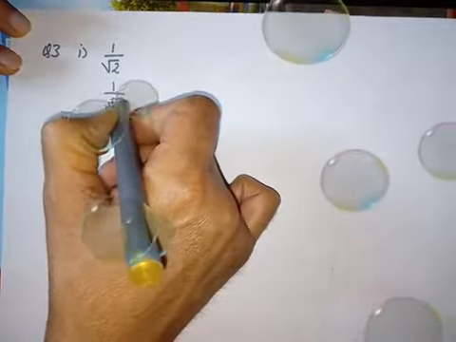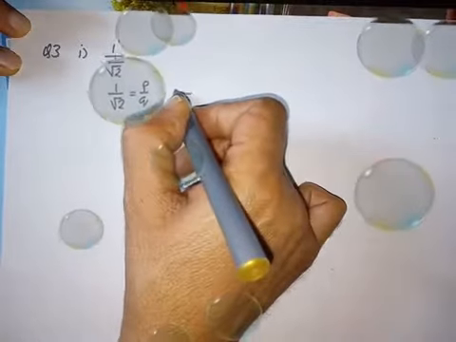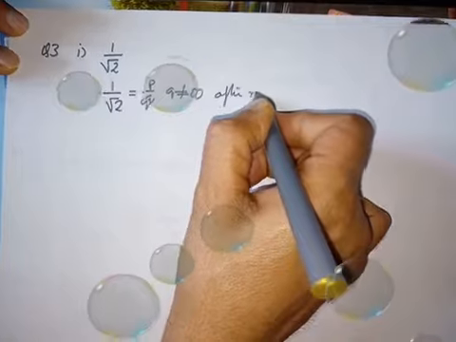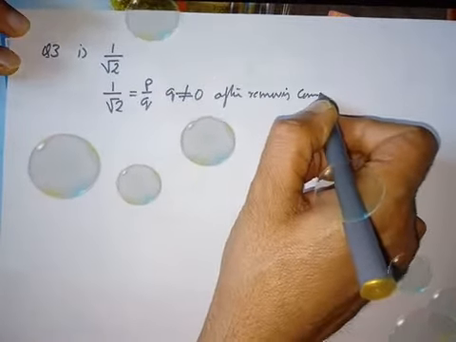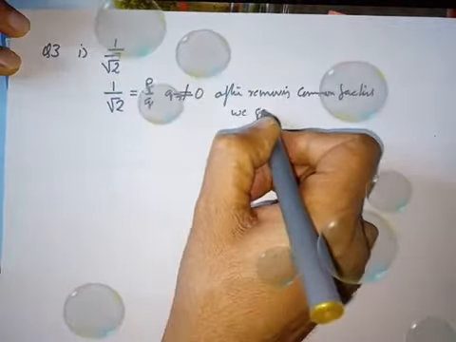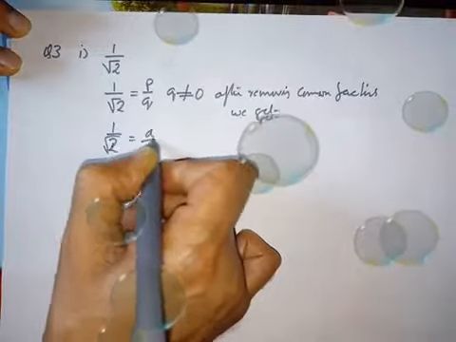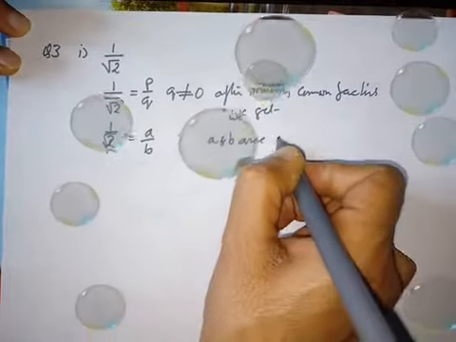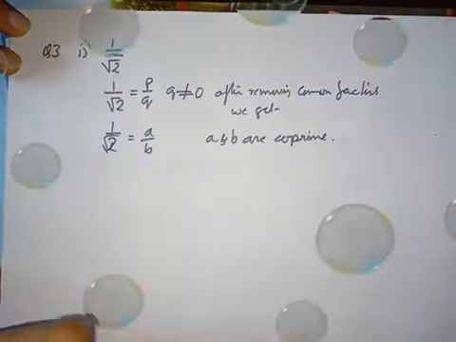We will consider it to be rational, where Q is not equal to 0, and after removing common factors, we get 1 upon root 2 is equal to A upon B, where A and B are co-prime.